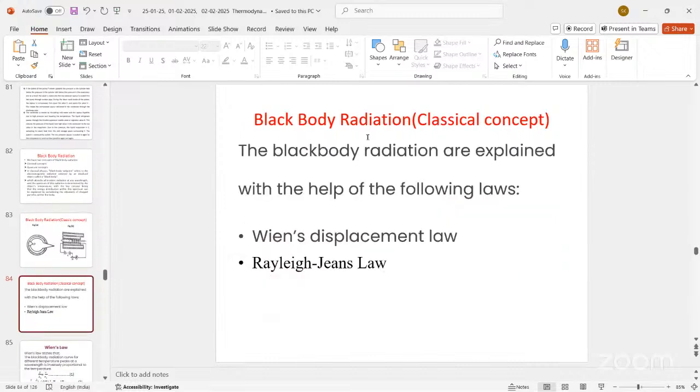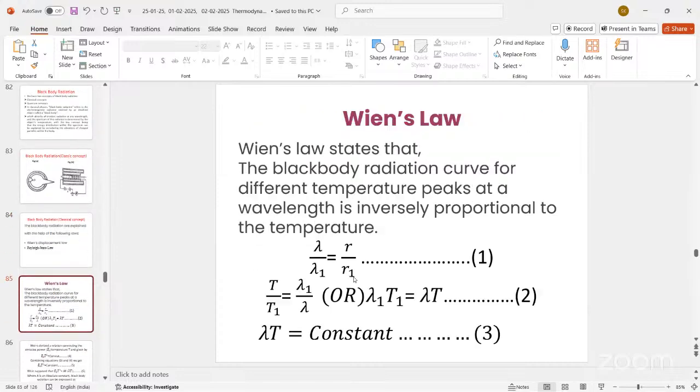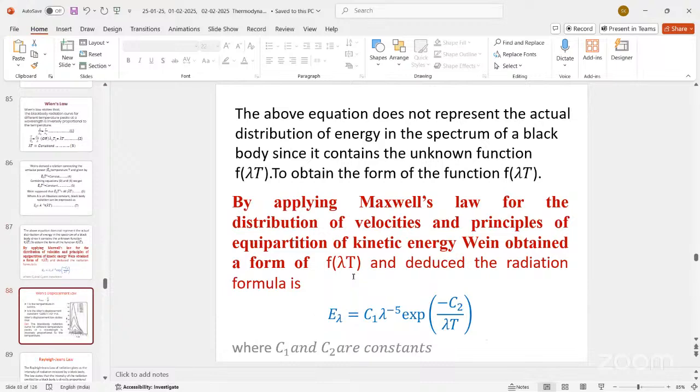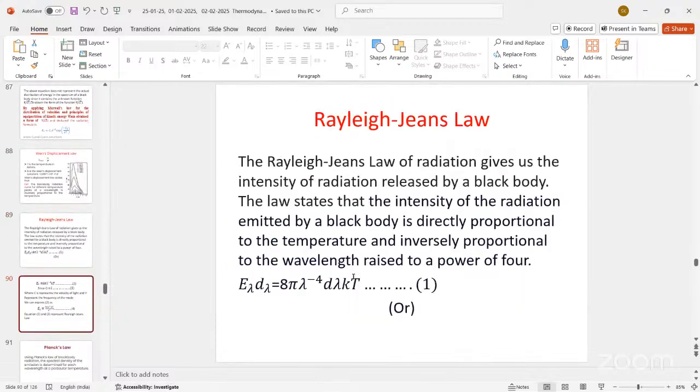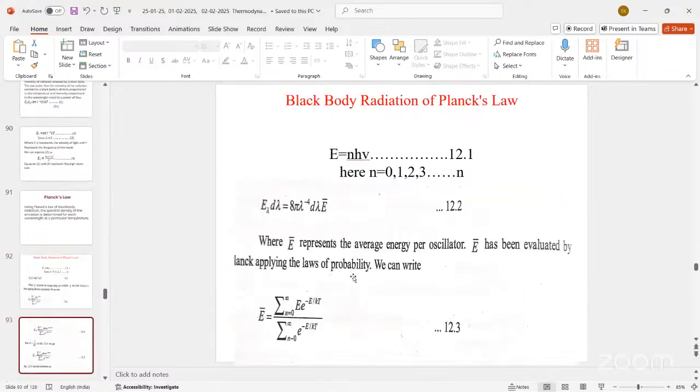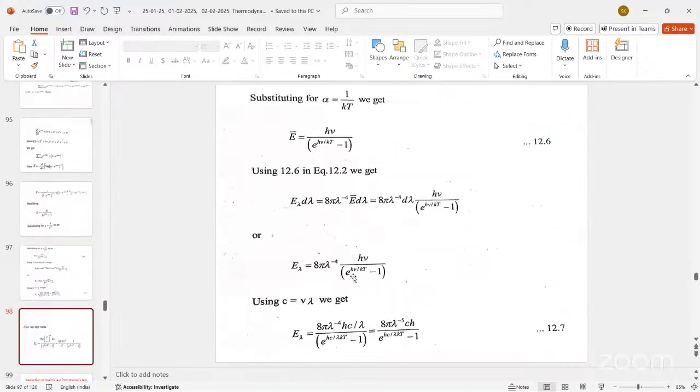We will explain Wien's displacement law from our textbook, and Rayleigh-Jeans law we also discussed. These are all from yesterday's class.